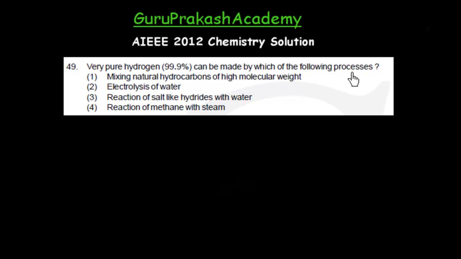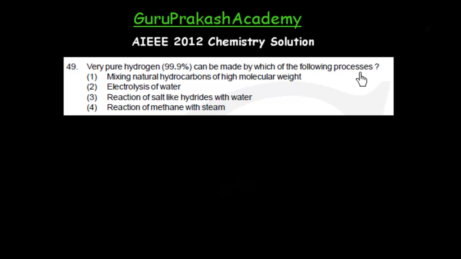If you remember, one question in IIT JEE last year asked on the same idea, very pure nitrogen, only in this place of hydrogen you will have nitrogen. This year they have asked in AIEEE, they are following IIT JEE, so they are asking how very pure hydrogen can be made.